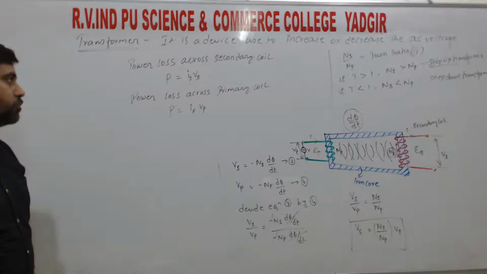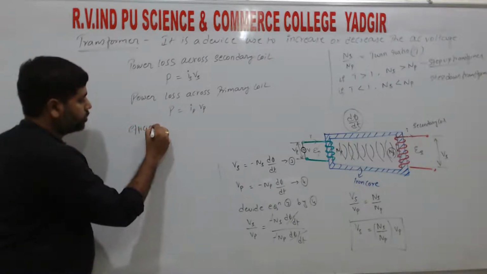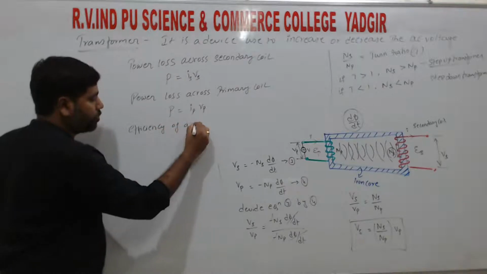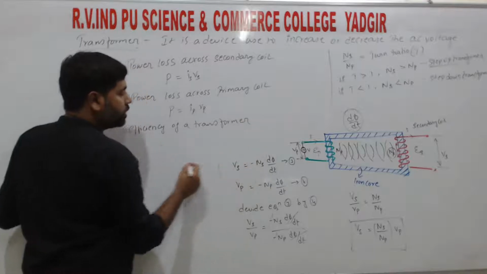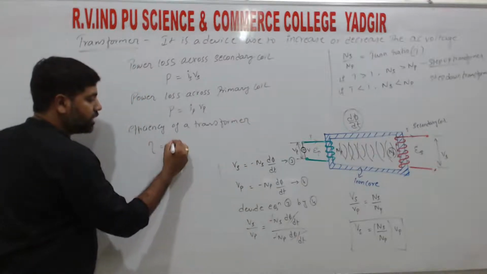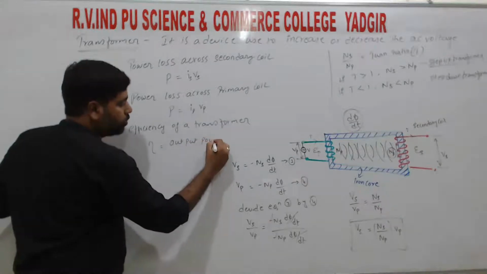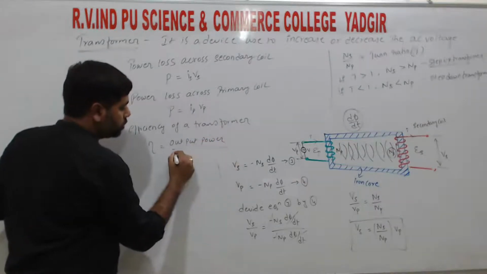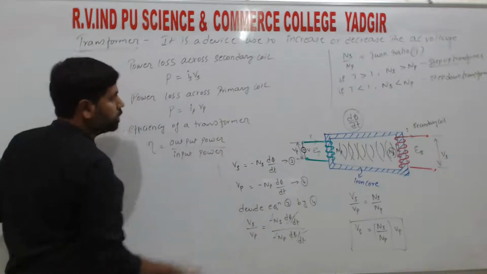So efficiency of a transformer, that is eta, is equal to output power to the input power.